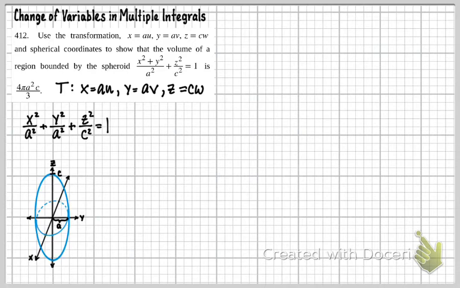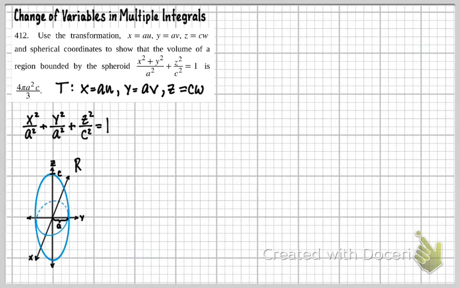The z, or the c, can be different. It could be higher, could be lower. I just wanted to elongate it so you could see that it isn't necessarily going to be the same. This is what we're starting with, that spheroid, they call it. I call it an ellipsoid.